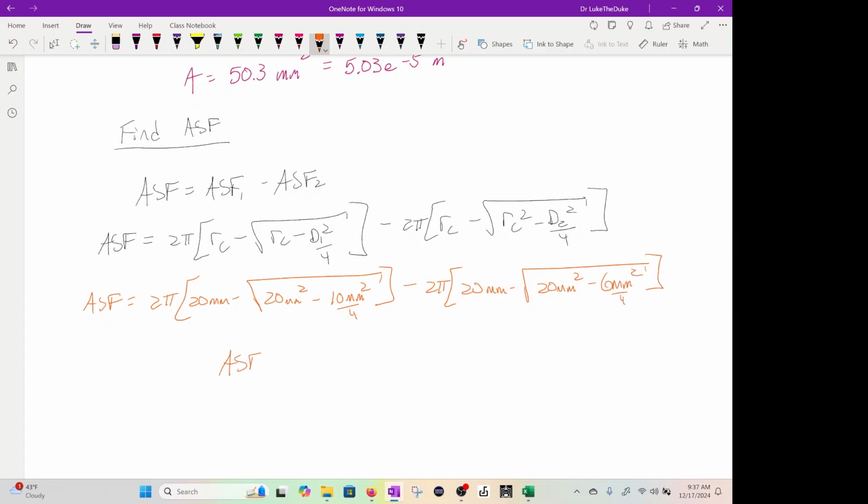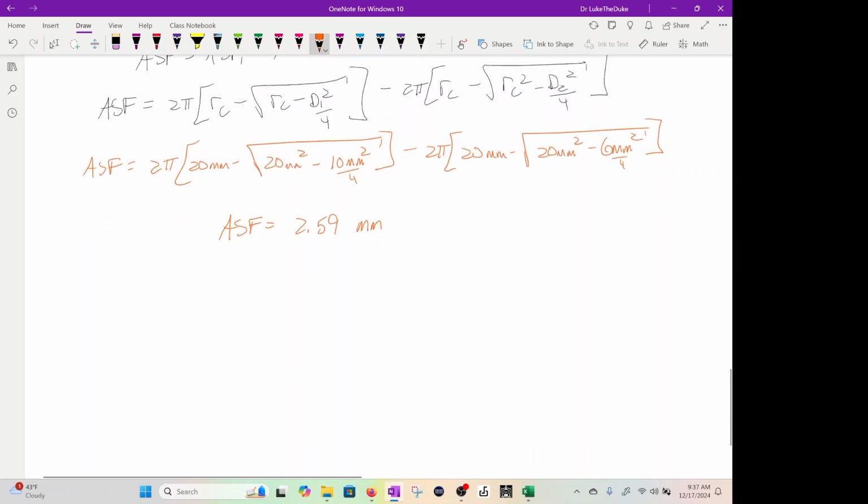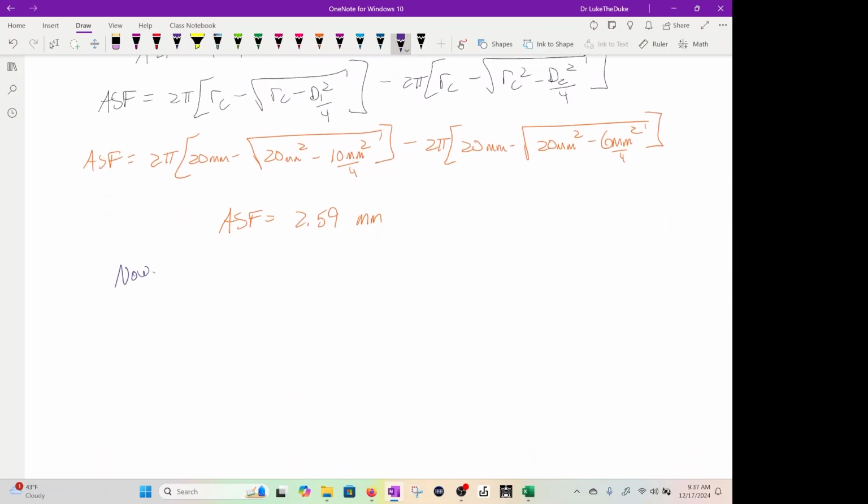The area shape factor is going to be roughly 2.59 millimeters. Now we can find R, which is 50.3 millimeters squared over 2.59 millimeters. You get 19.5 millimeters.